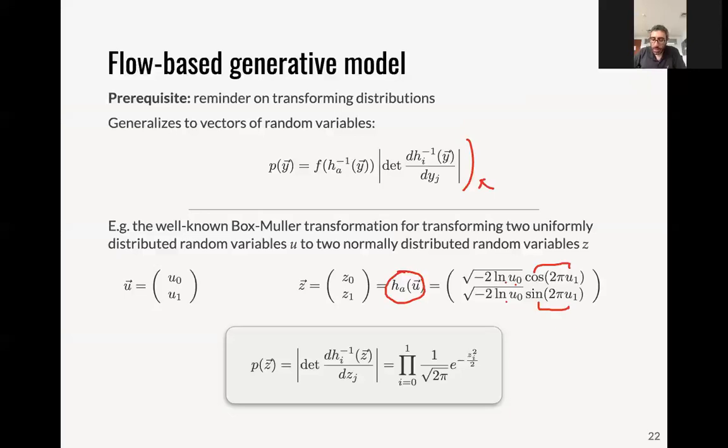Right, so that was my refresher on how one transforms distributions. And this is exactly what these flow-based generative models use, right?